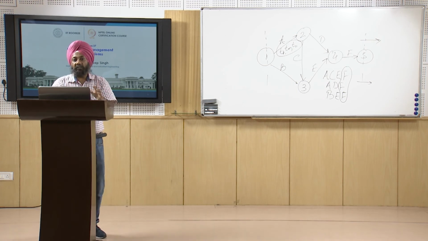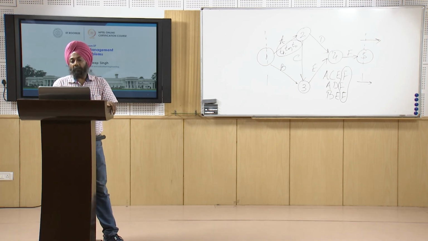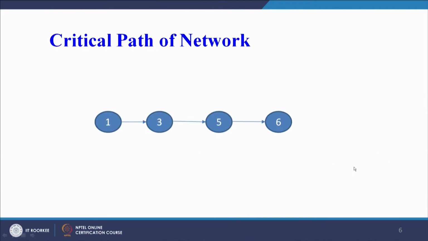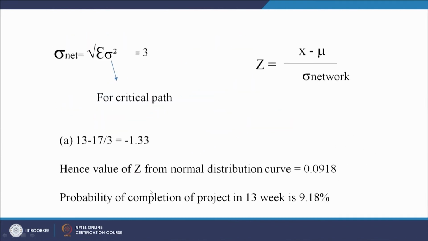As per our critical path, the expected time is 17 weeks, so 4 weeks prior to that is 13. So it is 13 minus 17 divided by the summation of the standard deviations of the activities lying on the critical path, which comes out to be 3. So 13 minus 17 divided by 3.